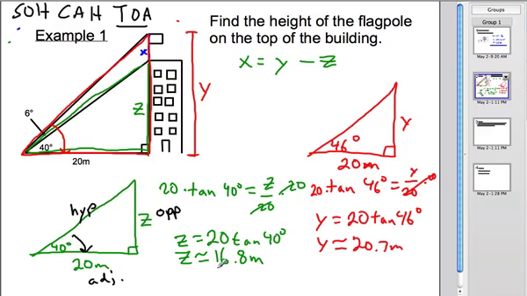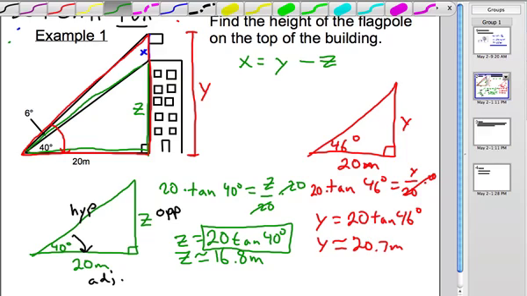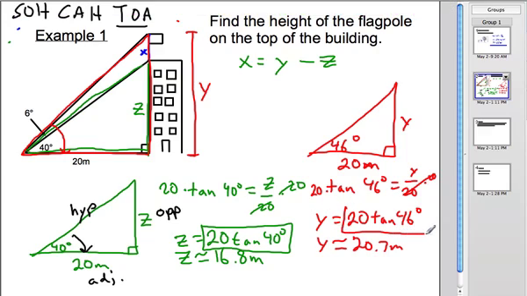Now I've got two versions of the answers down here. I've got z approximately 16.8, and also z equals 20 tan 40. For the y value, I've got y is approximately 20.7 meters, and also exactly, y is equal to 20 tan 46. Whenever I'm doing calculations, I want to use the exact number.